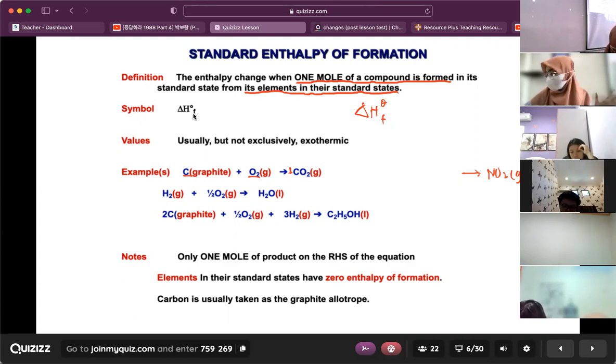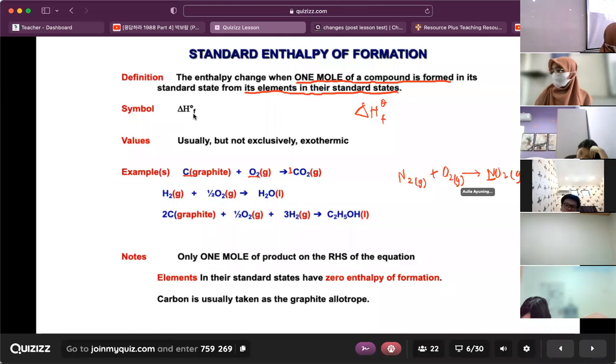What elements are present in nitrogen dioxide? Of course, we know that is nitrogen. Nitrogen in standard state exists as N2 gas. Plus oxygen in standard state is gaseous as O2. And then the last one, you have to balance.